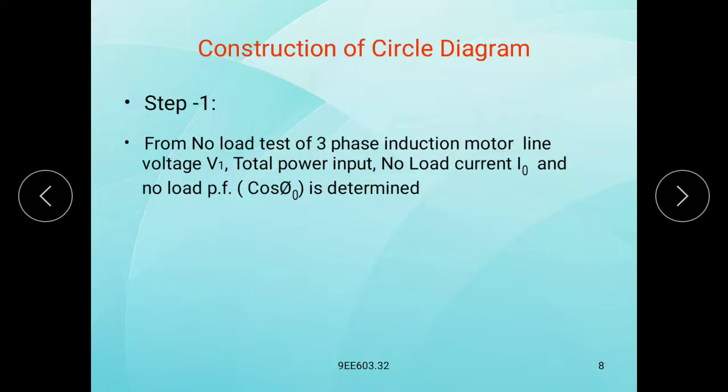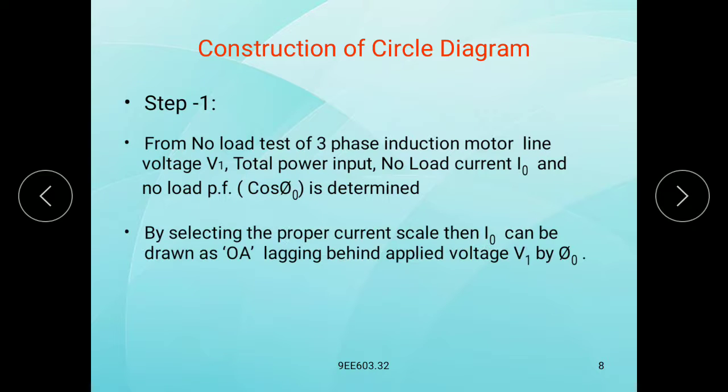Step 1. From the no load test on the three-phase induction motor, with line voltage V1, the power input, no load current I naught and no load power factor cos phi naught are determined.